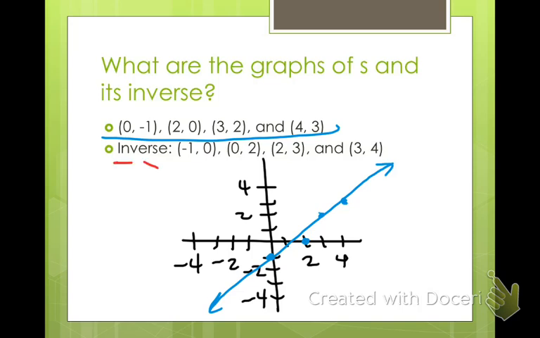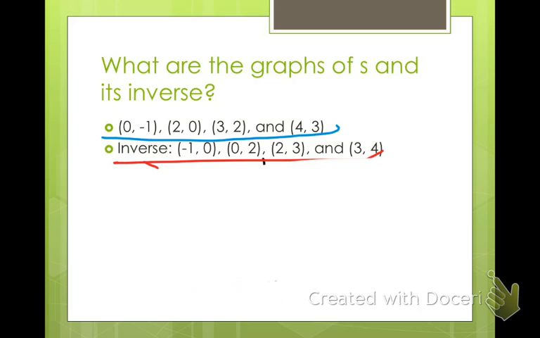And then our inverse. We have (negative 1, 0), (0, 2), (2, 3), and (3, 4). That's a terrible line. Let me try this again, because we need to actually be able to see.